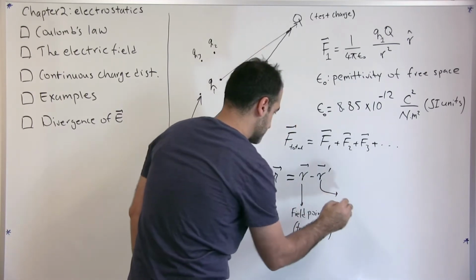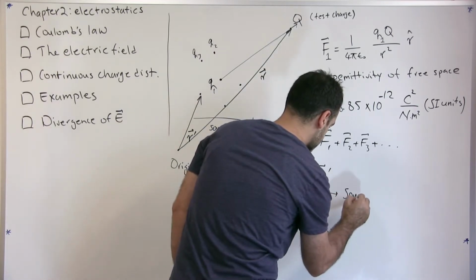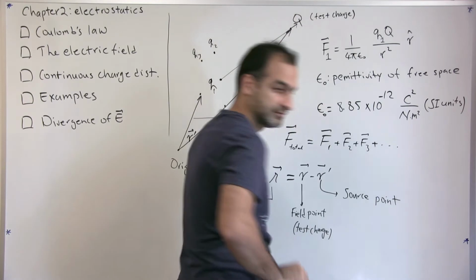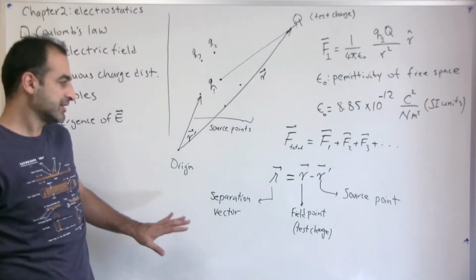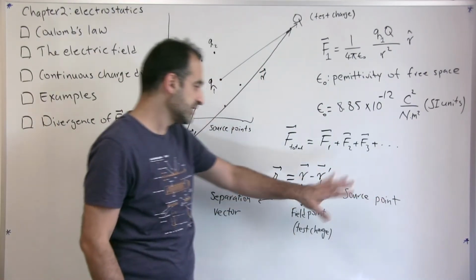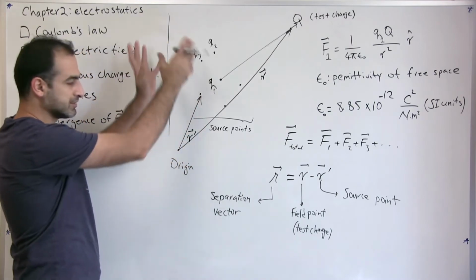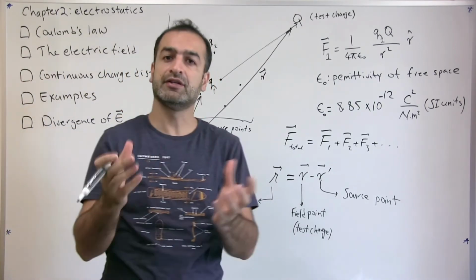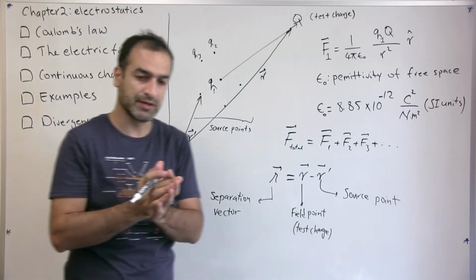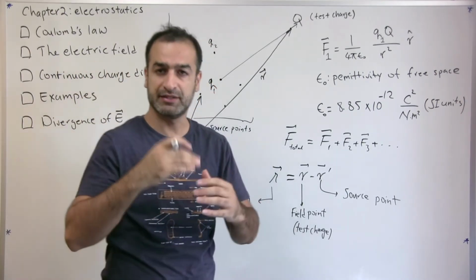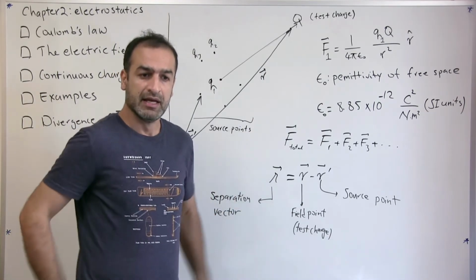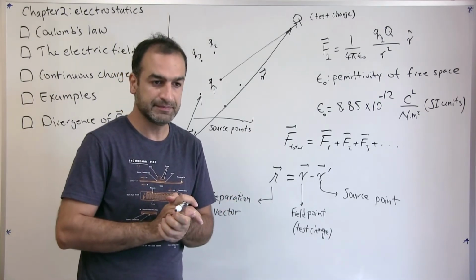And this is the source point. This notation is convenient, especially in a situation where we have multiple source points and we want to add up the force, or if we have a continuous charge distribution where we want to integrate over the electric field and force created by the source charges. Is it clear so far?